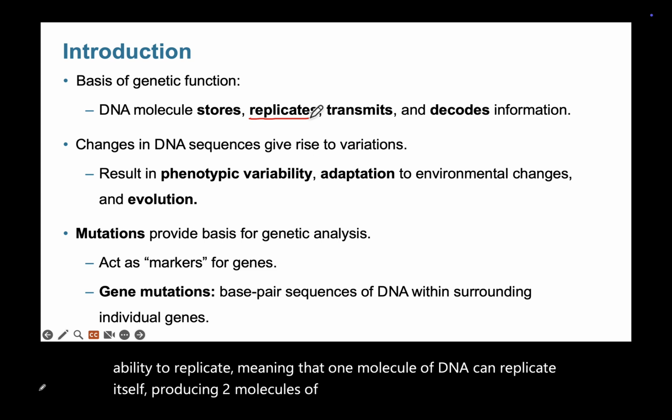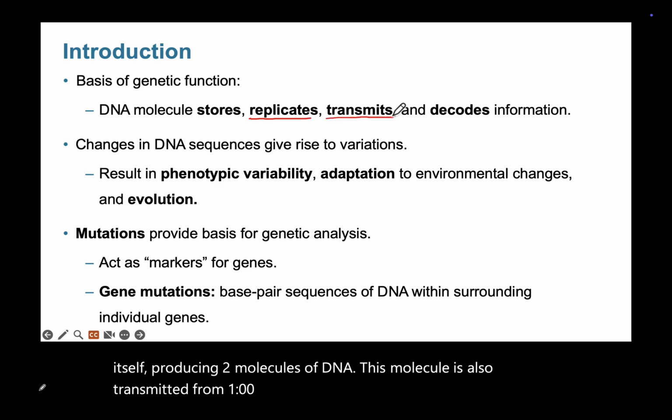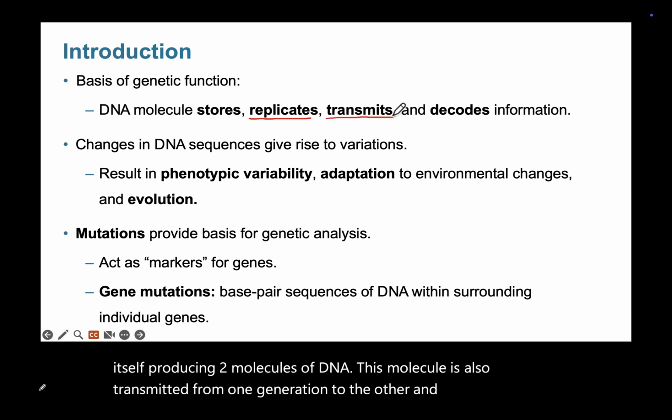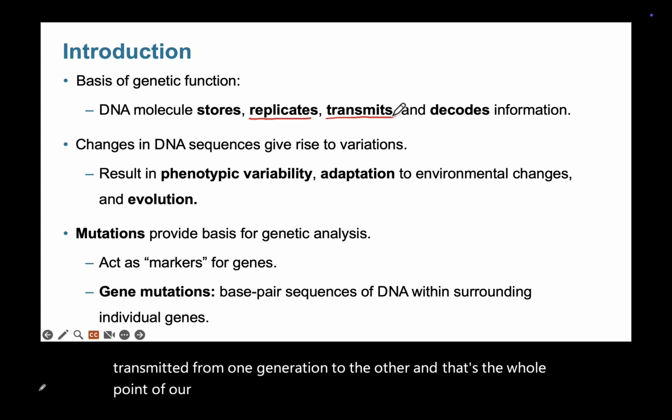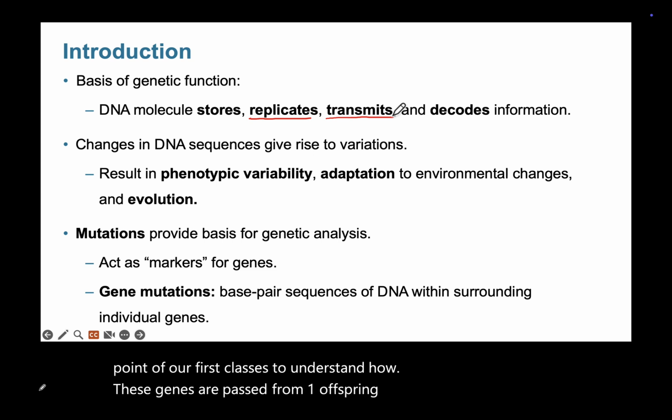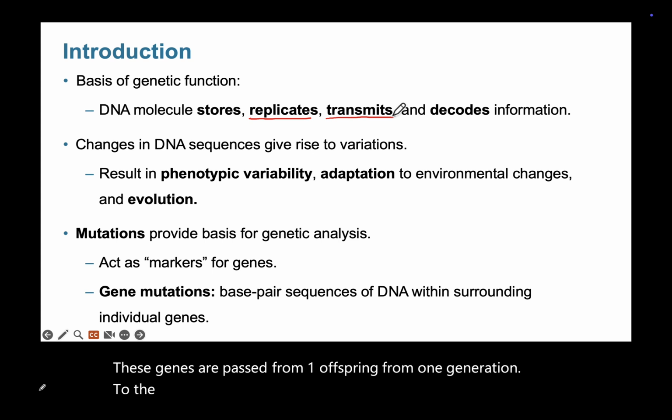This molecule is also transmitted from one generation to the other. And that's the whole point of our first classes, to understand how these genes are passed from one generation to the offspring. The DNA is also how the information about the organism is coded.